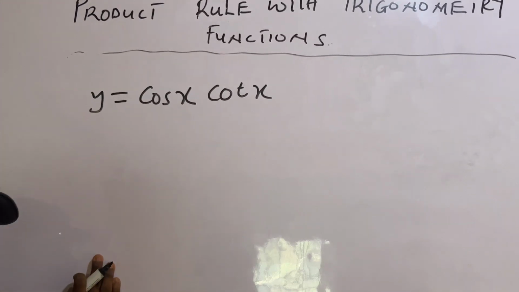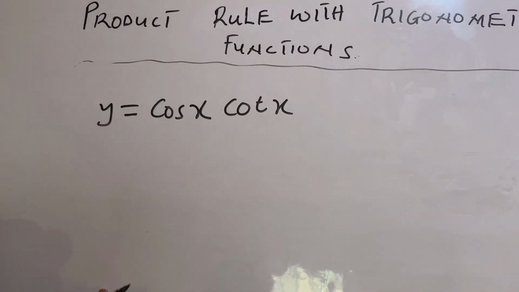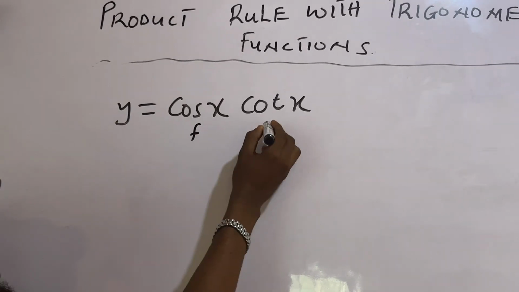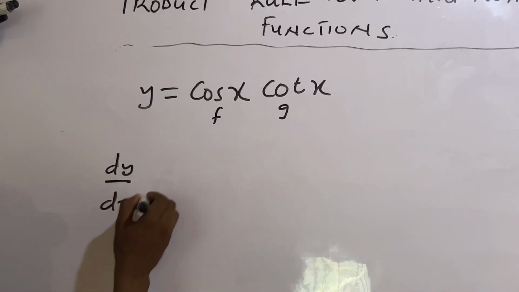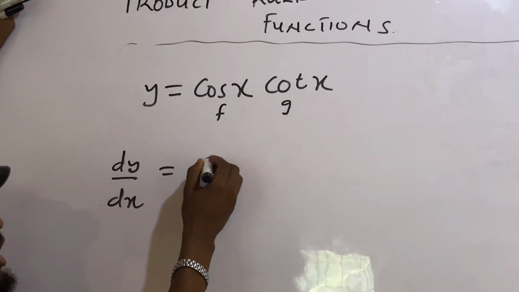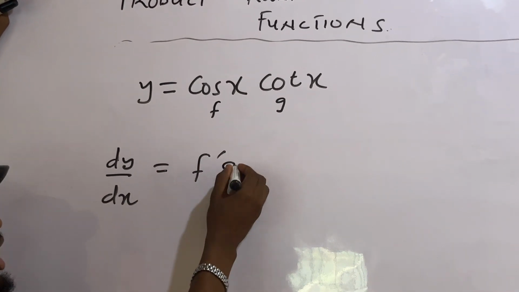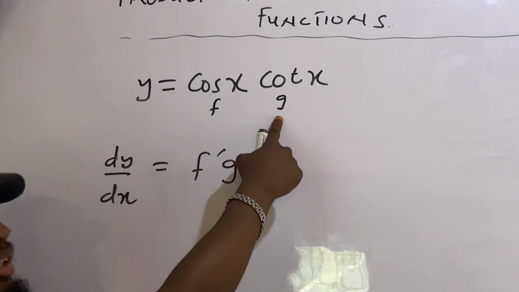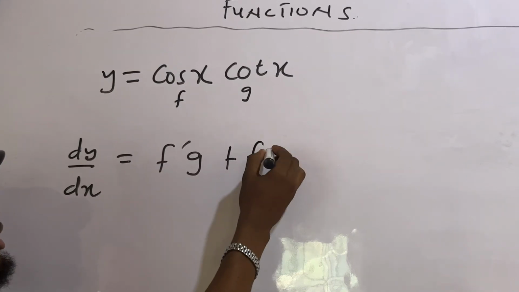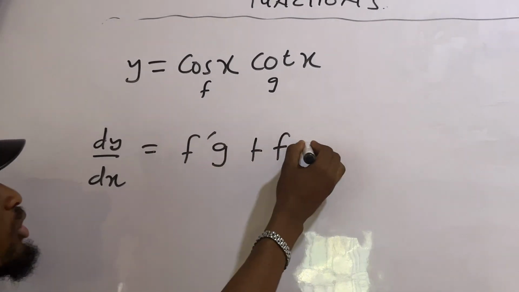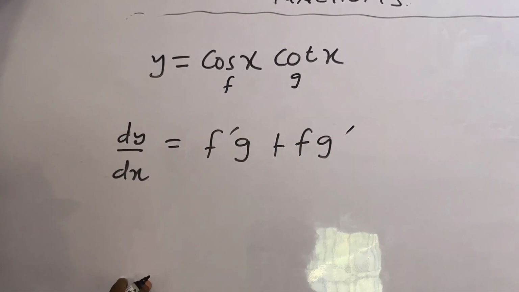So quickly employ the product rule, where this is your f and this is your j. So dy/dx is equal to, the product rule states that if I differentiate the first function, I'll maintain the second function, that means I want to keep it constant. Then plus, I'll maintain the first function and I'll differentiate the second function.